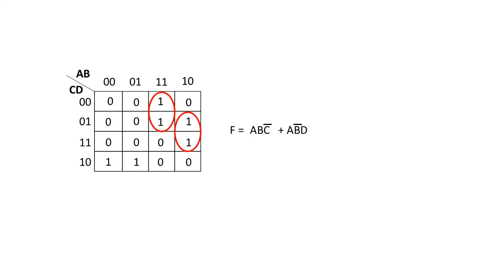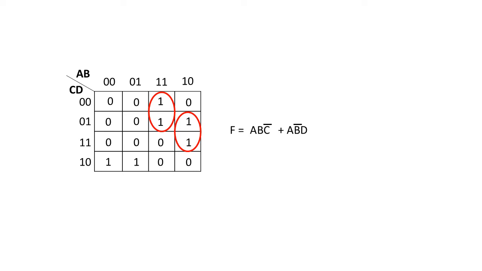So now observe these two positions of 1. See, A B is 1 0, and the position of C is variable. We are not going to take C, we have taken D. Why? Because the position of D is 1 in both the fields.